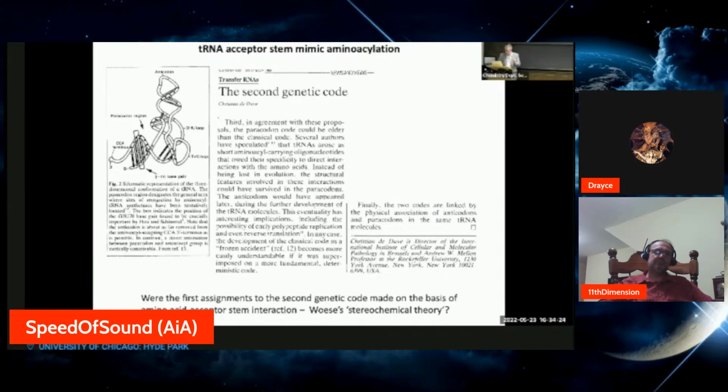Paul Schimmel discovered that identity determinants could be transferred from one tRNA to another, and that was sufficient to transfer the identity of one tRNA to another. And this led to suggestions that in the acceptor stem of tRNA there was a second genetic code, more deterministic than the classical genetic code, which resides in the anticodon stem. And we think what we found is actually evidence for this deterministic second genetic code in the acceptor stem.